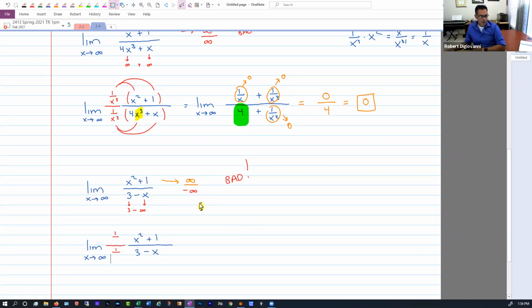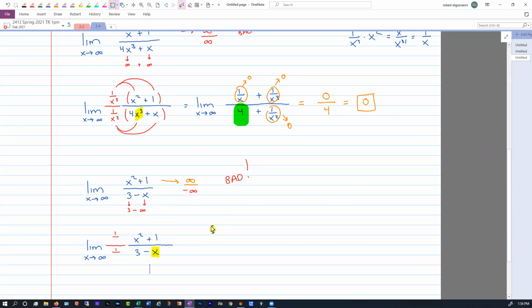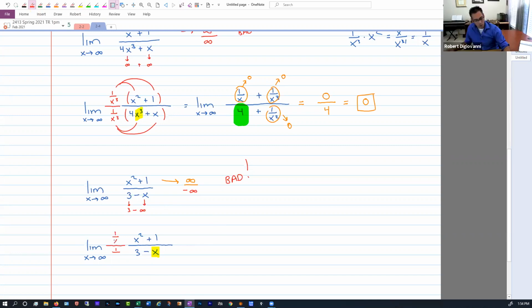You've got to look at the highest power of x that you see in the denominator. Always the denominator. So just x, okay? You clear? All right. So 1 over x, and now we just distribute through.